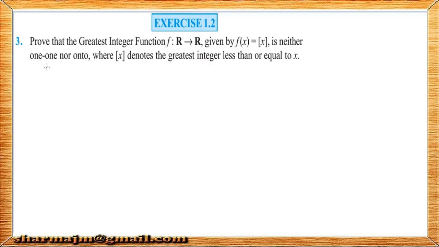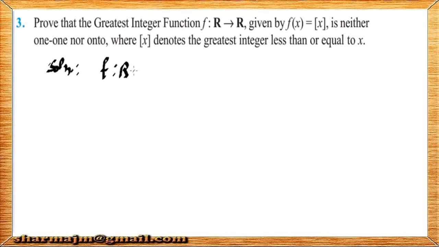Now it is question number 3 of exercise 1.2. Here f is a function from R to R, that is set of real numbers to set of real numbers, such that f of x is equal to the greatest integer function.